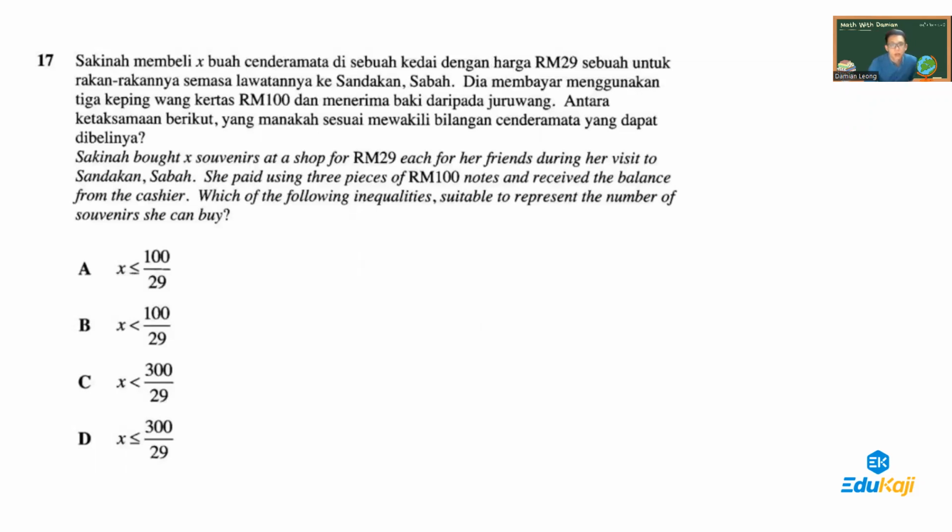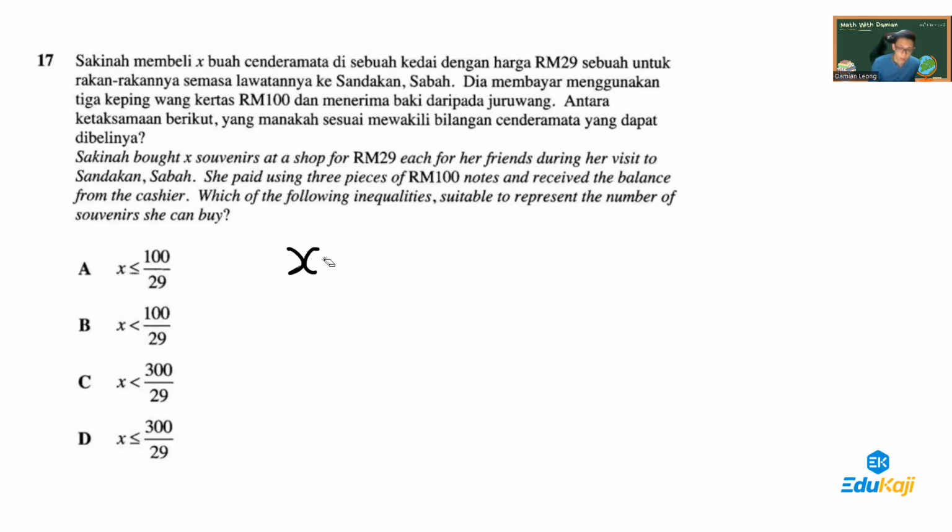Question 17. Sakina bought X souvenirs at a shop for 29 ringgit each for her friends during a visit to Sandakan, Sabah. She paid using 3 pieces of 100 ringgit notes, received balance from a cashier. Which of the following inequalities is suitable to represent the number of souvenirs she can buy?